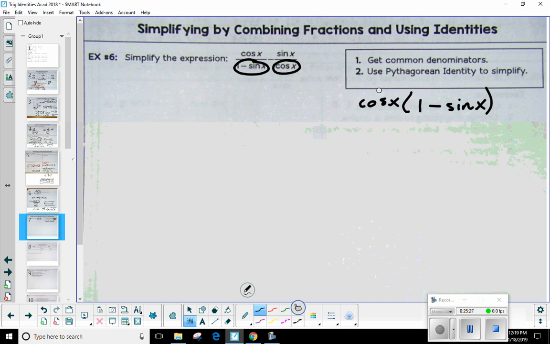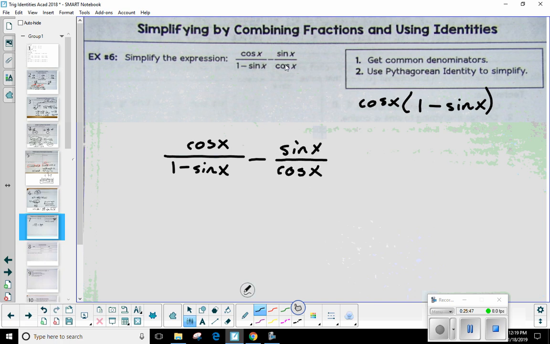If I don't multiply cosine times 1 and then cosine times sine. Okay. There you go. Now you'll see why in just a moment. So let me set this up. Here's cosine of x over 1 minus sine of x. And I want to subtract sine of x over cosine of x.